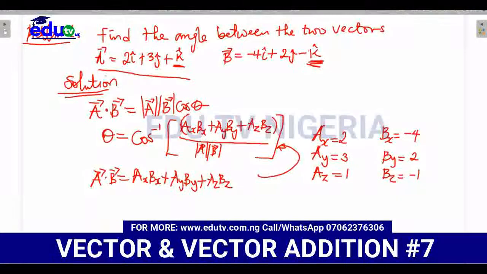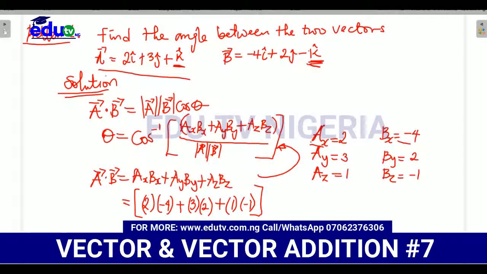So for us to have this, let's input the values of the above components. The x component of vector A, ax, multiplied by bx, gives us 2 multiplied by minus 4, that is minus 8, plus 3 multiplied by 2, plus az, which is 1, multiplied by bz, which is minus 1.